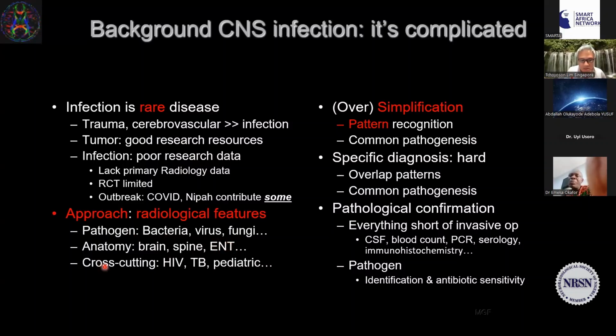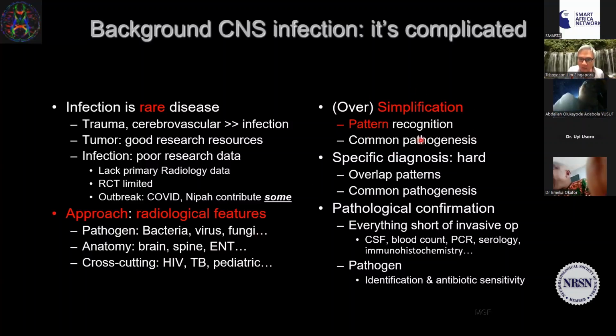And some crossing of categorizations which are difficult. So for instance, pediatric infection is a very difficult topic. HIV cuts across multiple pathogens, and TB can affect multiple anatomical systems simultaneously.